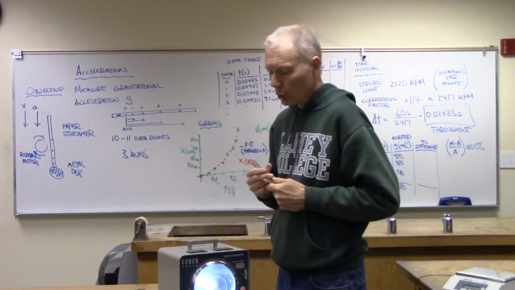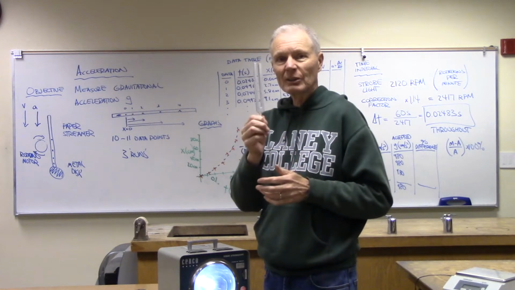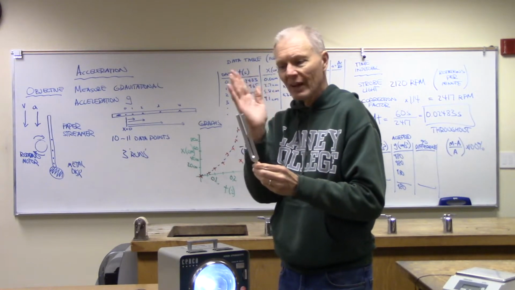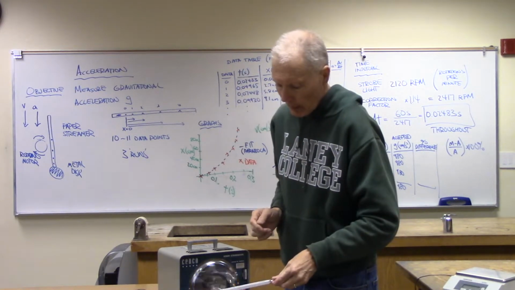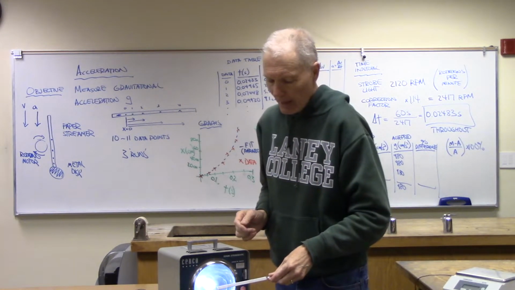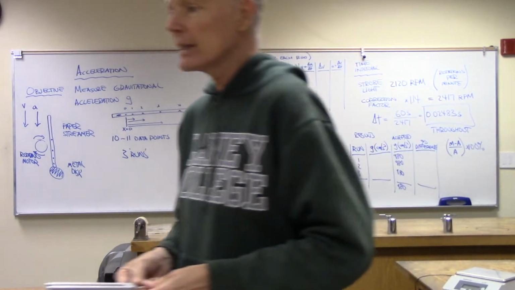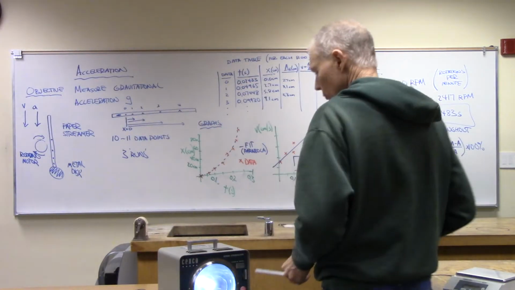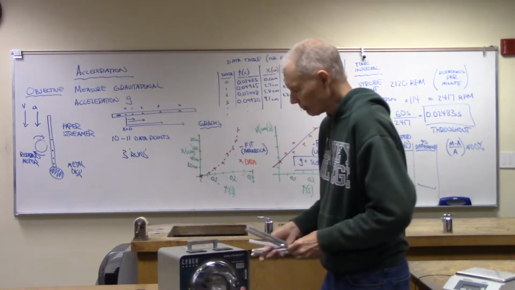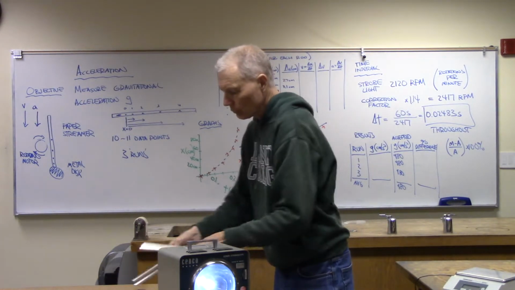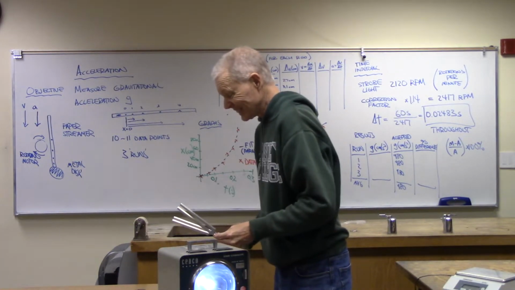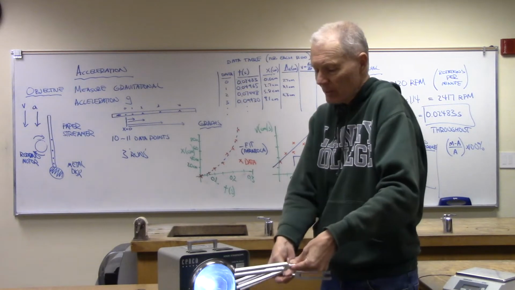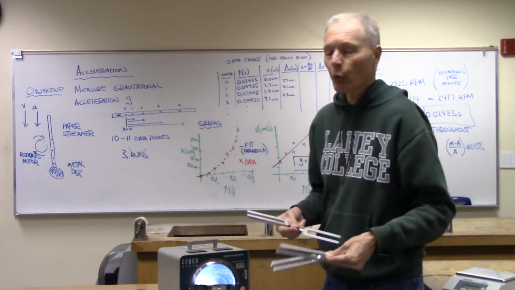What you can do with a strobe light to calibrate it is I took a bunch of tuning forks. These tuning forks that I'm working from are actually vibrating back and forth, and when I put them in the strobe light, they appear as if they're standing still. I didn't use just one of these. I used a series of tuning forks, and I went back and forth with the strobe light.